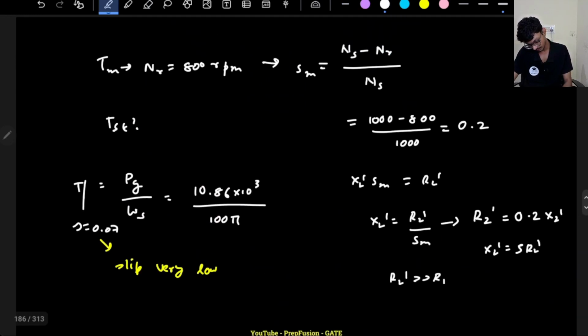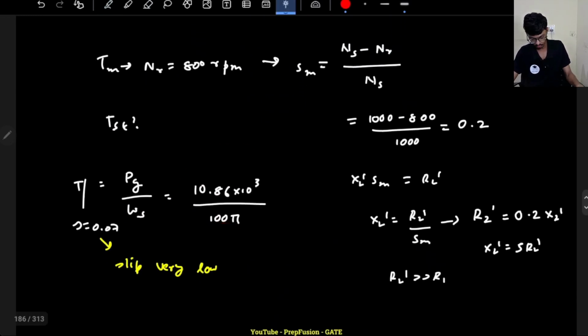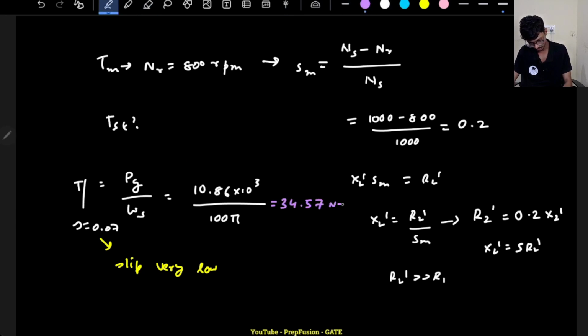So what is the torque here? Have I calculated the torque? What is the torque value? If I want to find it out, it is 10.86 into 10 divided by pi, 34.57 Newton meter.